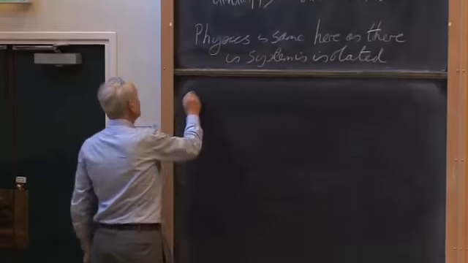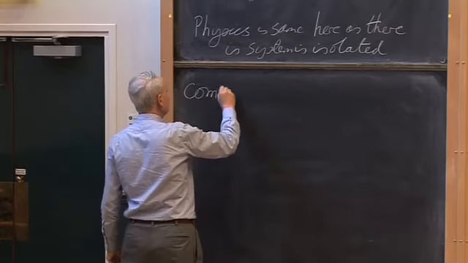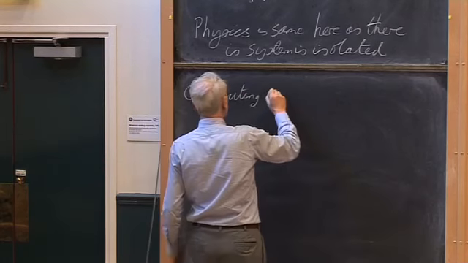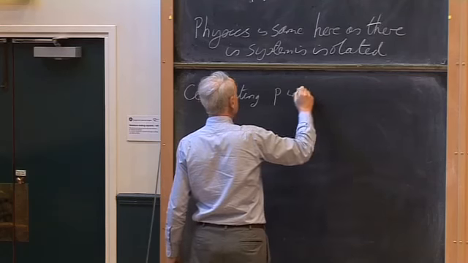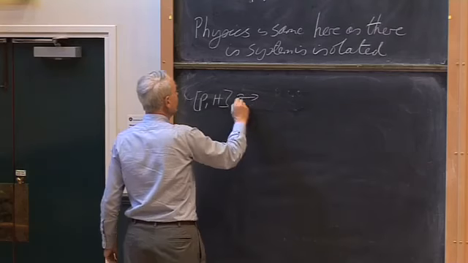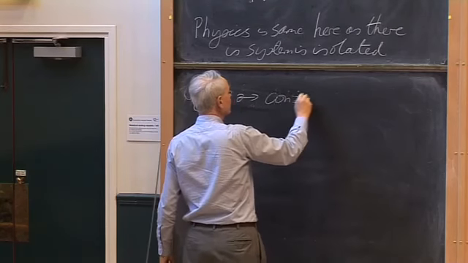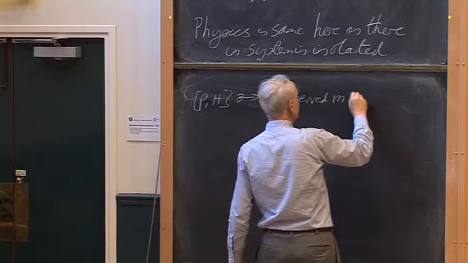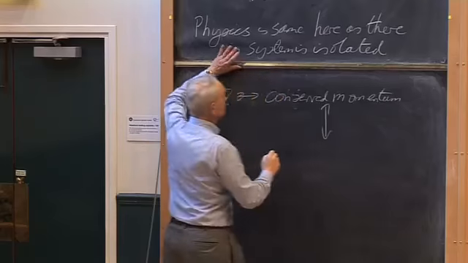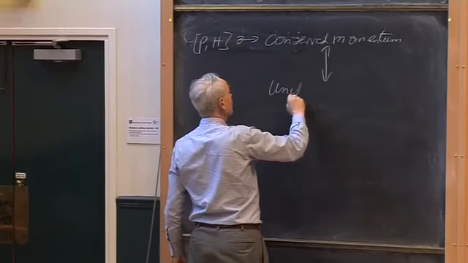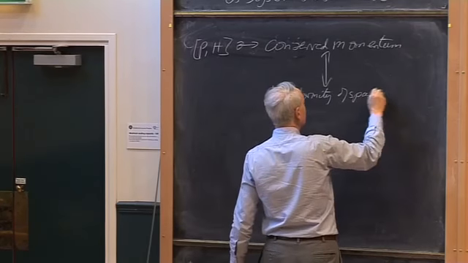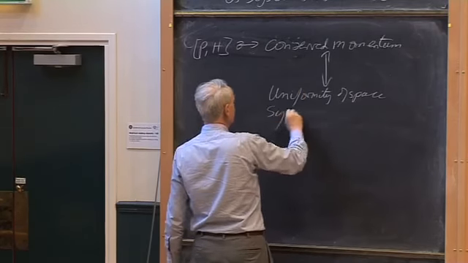Right, so we have a set of ideas like this: commuting P with H, so the commutator of P and H being zero is connected to conserved momentum, which is itself connected to uniformity of space, which is the same thing as symmetry under translation.